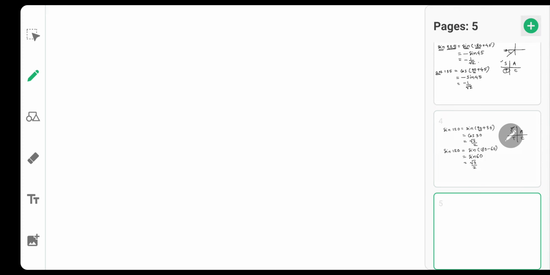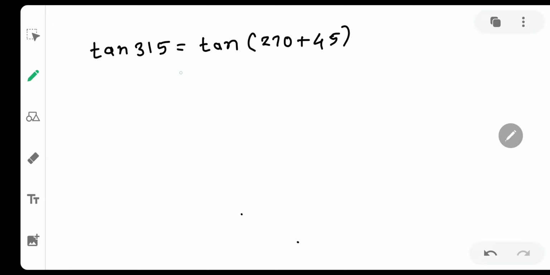Let us try some more. Let me say tan of 315 is to be calculated. Now this can be written as tan of 270 plus 45. Now as we can see, 270 plus 45 or 315 lies in the fourth quadrant, and in the fourth quadrant only cos and sec ratios are positive.